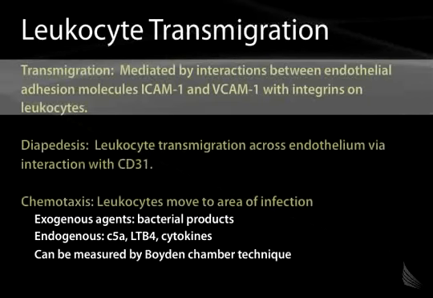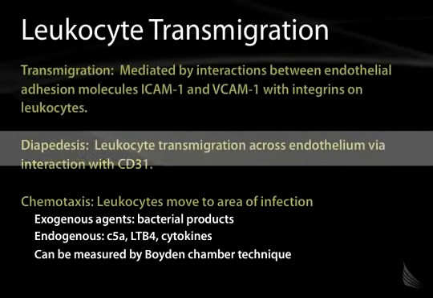What happens next then is you get transmigration of these cellular components through the endothelium into the extracellular space, and that involves additional endothelial adhesion molecules, things like ICAM1 and VCAM1 on the endothelium, with integrins on the leukocytes. The process of transmigration of the leukocytes across the endothelium is called diapedesis, and that involves an interaction with a cell surface protein called CD31.